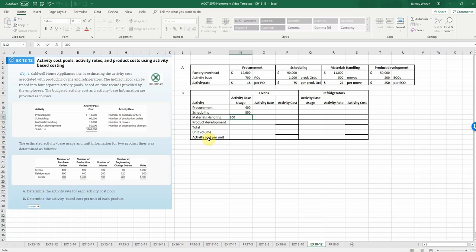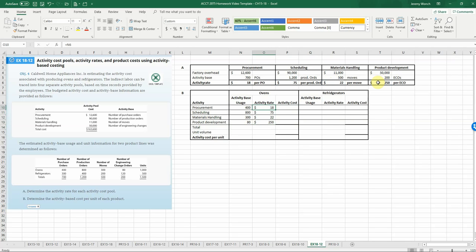Same idea, we've got 300 for materials handling, which is moves, and product development is engineering change orders, which is 80. And for the activity rate, we calculate it over here. So we have purchase orders are 18. Let's just link that. Scheduling 75, materials handling 22, and 250 for change orders.